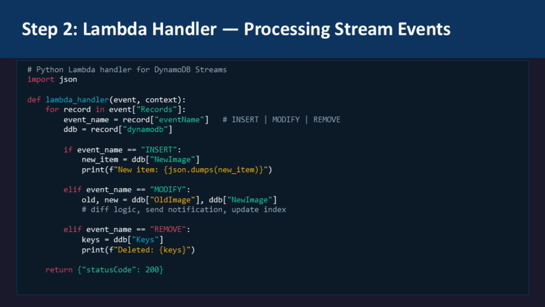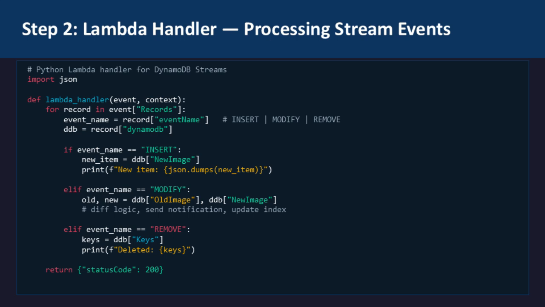First, we grab the event name. Then we get the DynamoDB payload. For an insert event, we access the new image, that's the full new item, and process it. In this example, we are just printing it. But you would replace this with your real logic: indexing to Elasticsearch, sending an email, writing to another table, whatever.